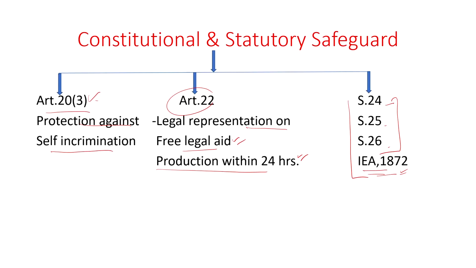So, this kind of protection is a fundamental right. If any investigating officer is putting pressure on any accused to confess his guilt, it would be a violation of his fundamental right.